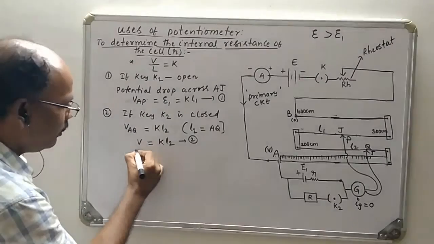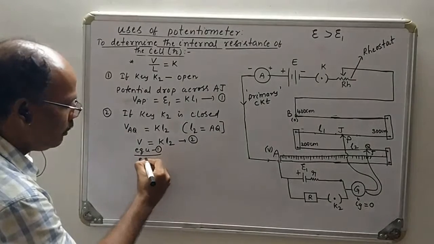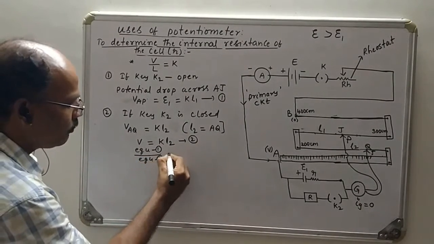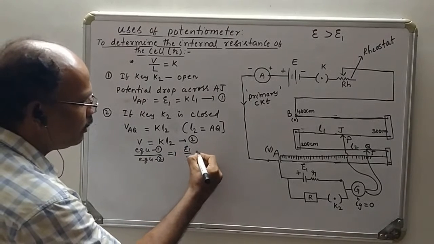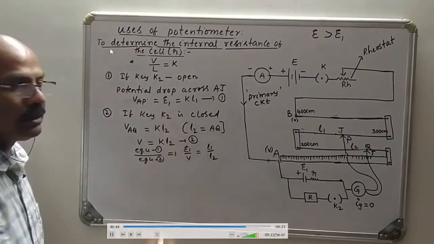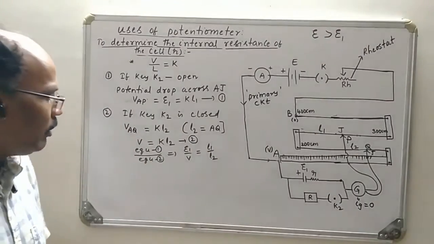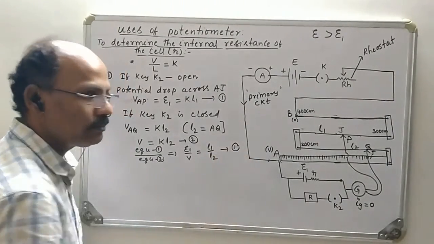Then we can write equation 1 by equation 2. That implies E1 by V is equal to L1 by L2. Cancelled K in numerator and denominator. So this is called equation 1.